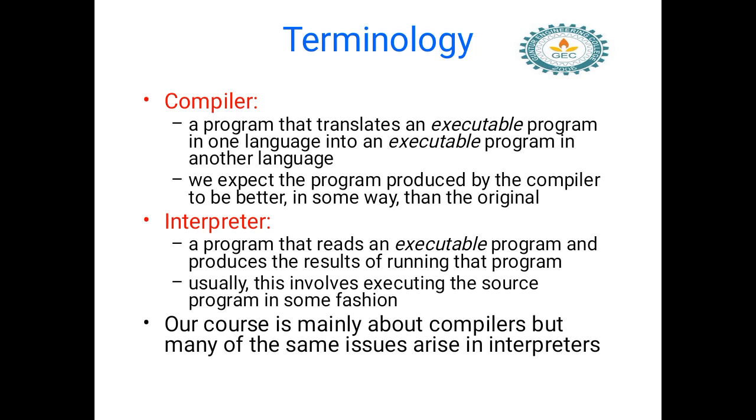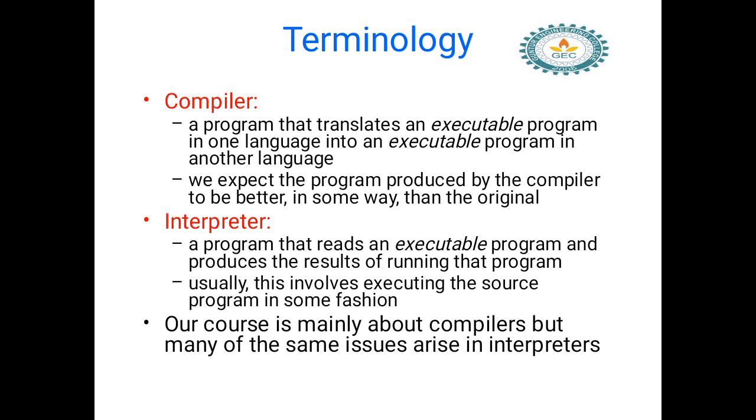Next is the interpreter, a program that reads an executable program and produces the results of running that program. Usually this involves executing the source program in some fashion. So an interpreter also converts one type of language to another type.